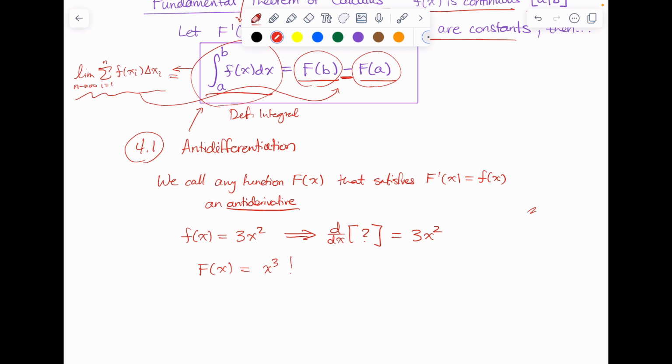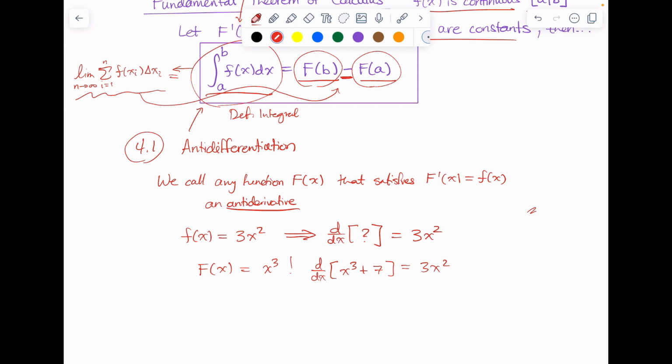But hang on, some of you guys are thinking, well, that's not the only answer, is it? Because couldn't I also take the derivative of x cubed plus, I don't know, 7? Like the number 7? Wouldn't that also give me 3x squared? And you're right, it would.